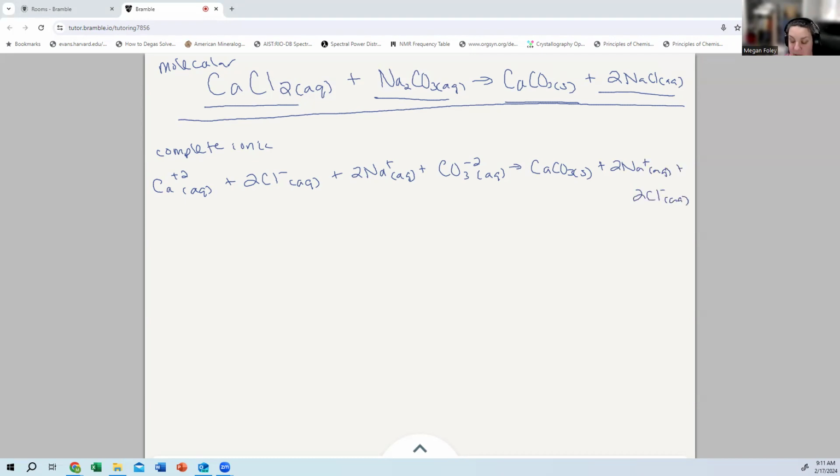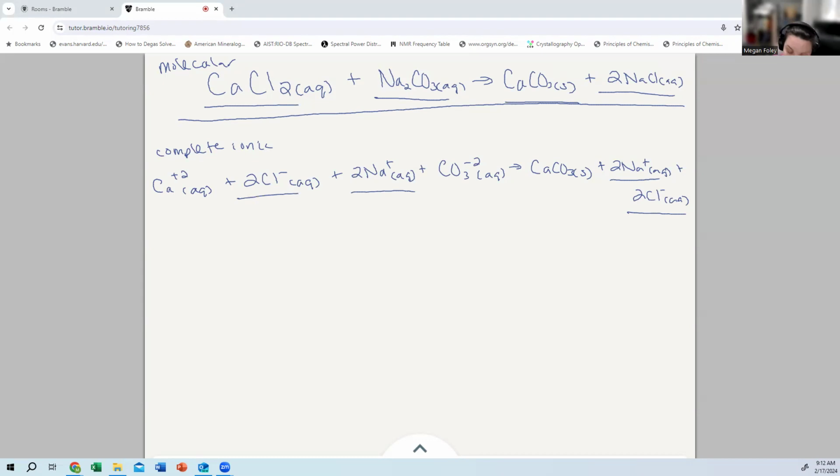So our complete ionic equation includes any strong electrolyte or ionic compound broken down into ions. Anything that shows up in the same state on both sides would be a spectator ion. So that'd be sodium and chloride. They are not doing anything. They are spectating, floating around.